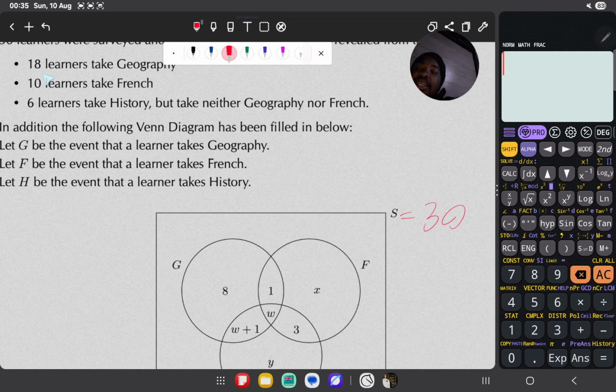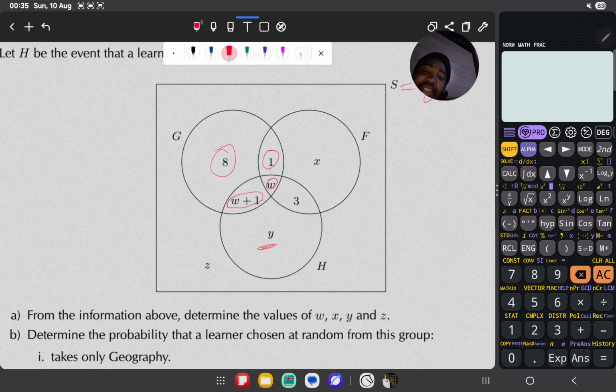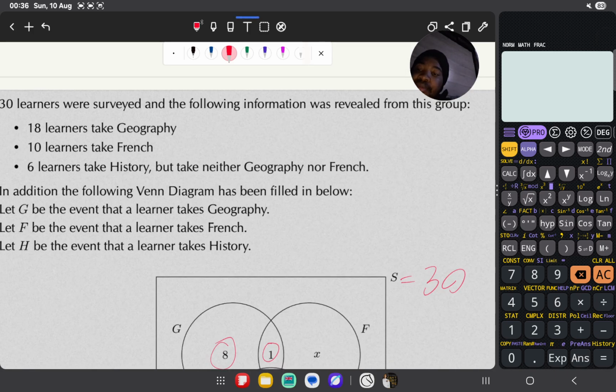And now let's look. How many learners take geography? It's 18. That means I take the number here, the number here, the number here, the number here, I take all these numbers and I add them together. They must give me 18. Because remember, all these numbers that I circled are inside the circle of geography, implying that the whole circle must give us a total of 18, saying that there are 18 kids doing geo.